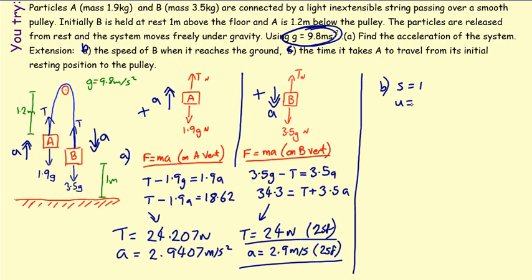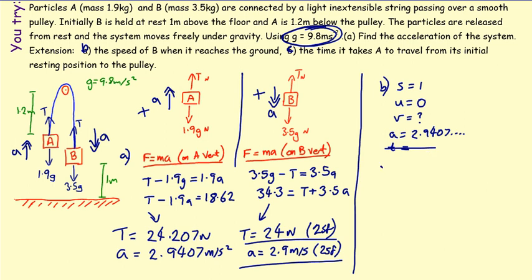We're starting from rest, so we're going to get an initial speed u of 0. We're interested in the final speed. We know the acceleration is 2.9407 something. We're going to use a more accurate value than just 2.9. And t we don't care about.